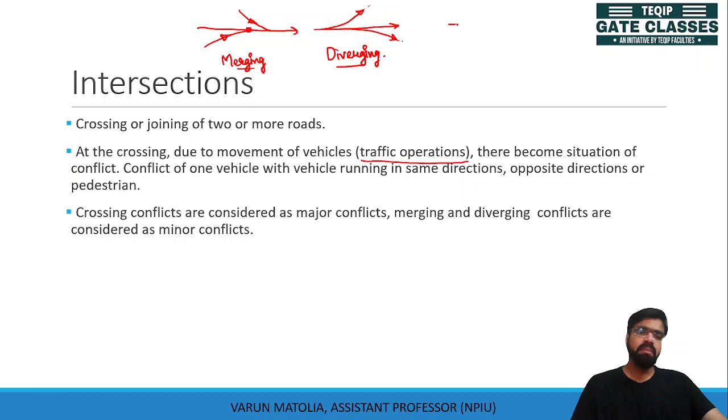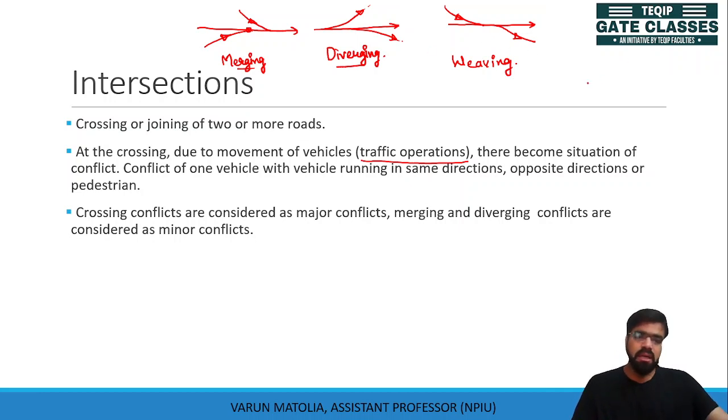Then there may be a condition in which this merging operation and diverging operation are occurring simultaneously in a traffic stream. This kind of operation is known as weaving operation.